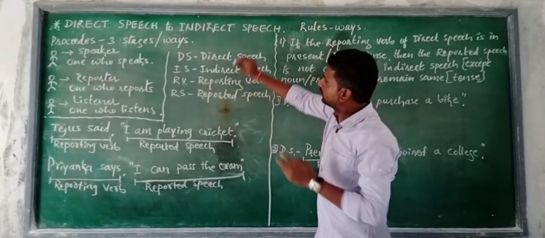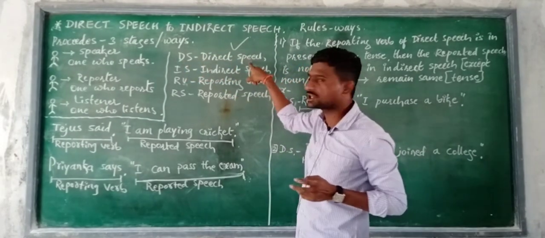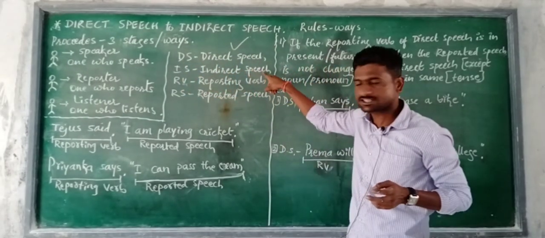Okay, look at these short forms. DS means direct speech, IS means indirect speech.